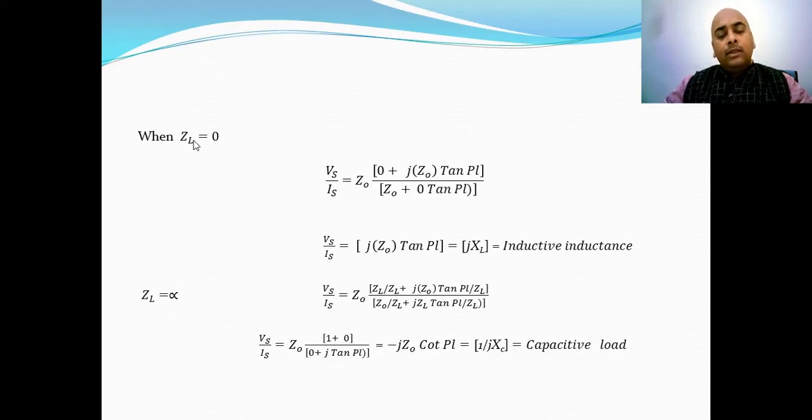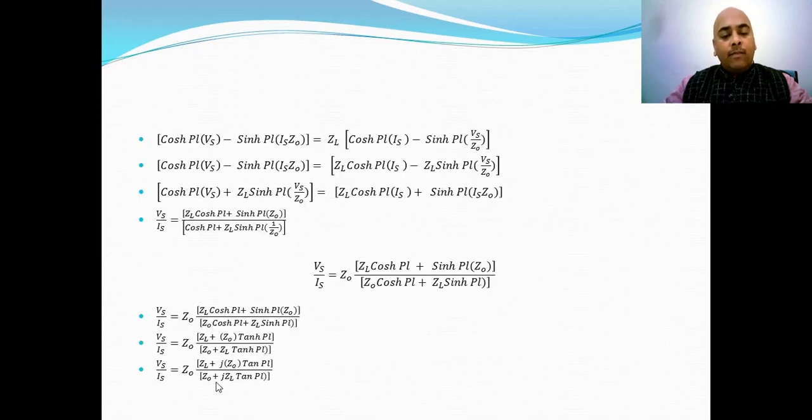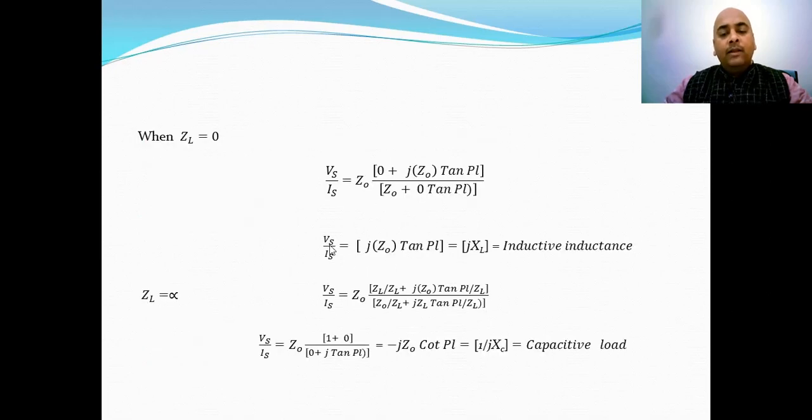Now let us suppose the load impedance is 0, that is, the load is at the extreme and it is short. So when we put the value of ZL equal to 0, we obtain that Vs upon Is is equal to Z0 into, just ZL has become 0, so we obtain that Vs upon Is is equal to jZ0 tangent of PL, which is analogous to the impedance of the inductor, which is jXL.